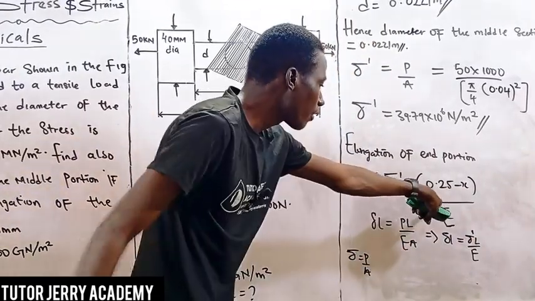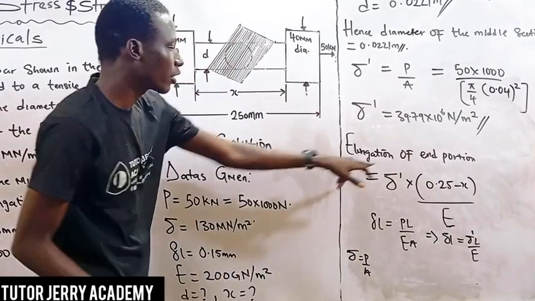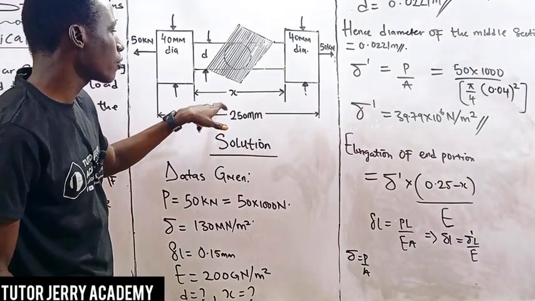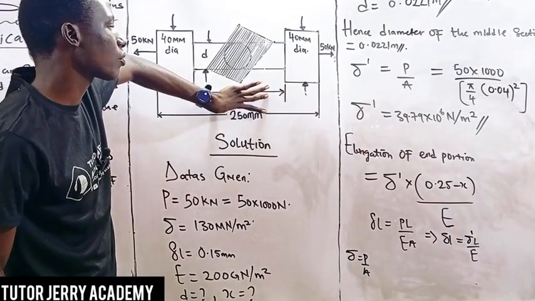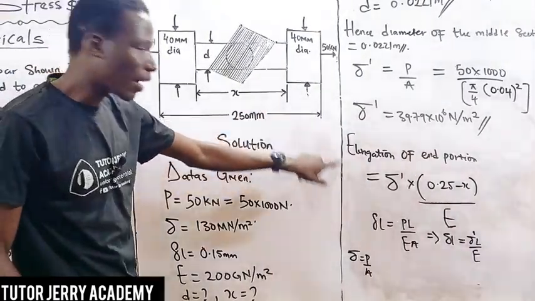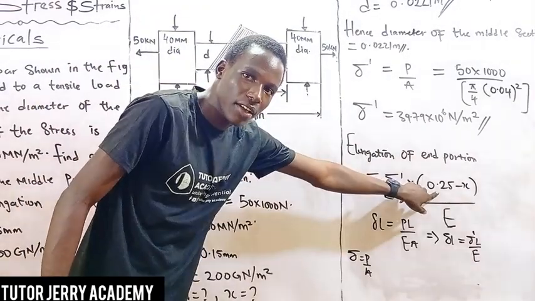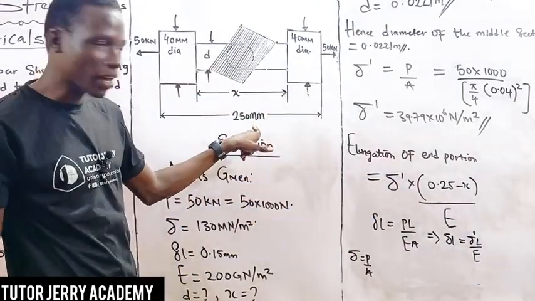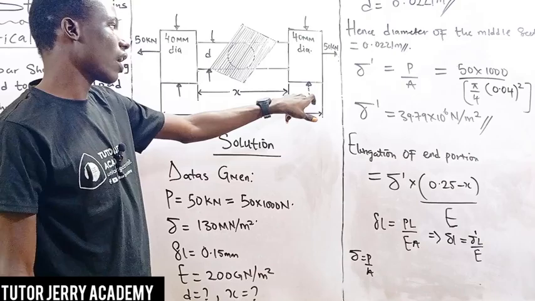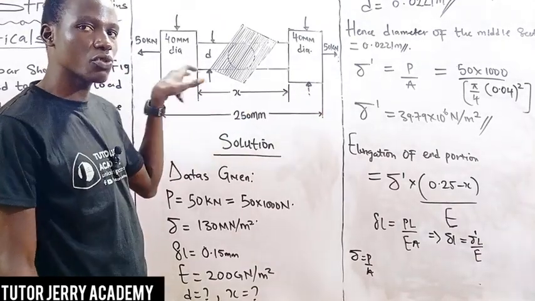Now, for the length here, we are looking for the elongation of the end portion, so we are going to take out the middle portion. The total length of this bar is 0.25 meter, minus the middle portion, so we have the length of the end portion.